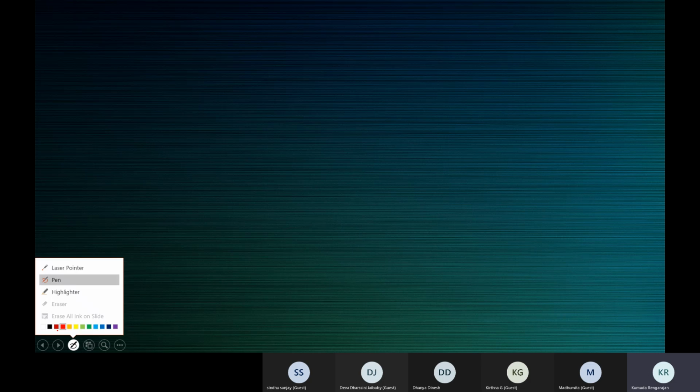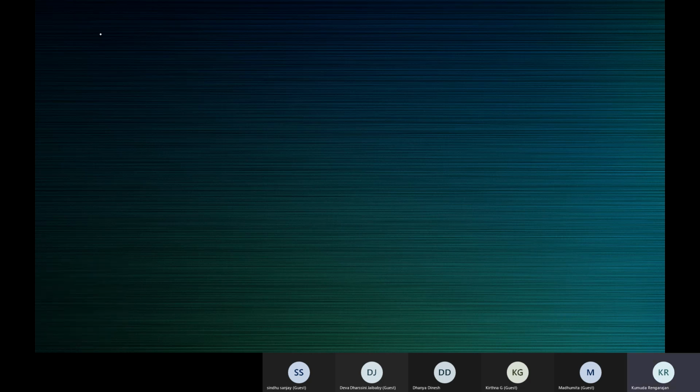Now, this is a semicircle. Supposing this length is 14 centimeters.